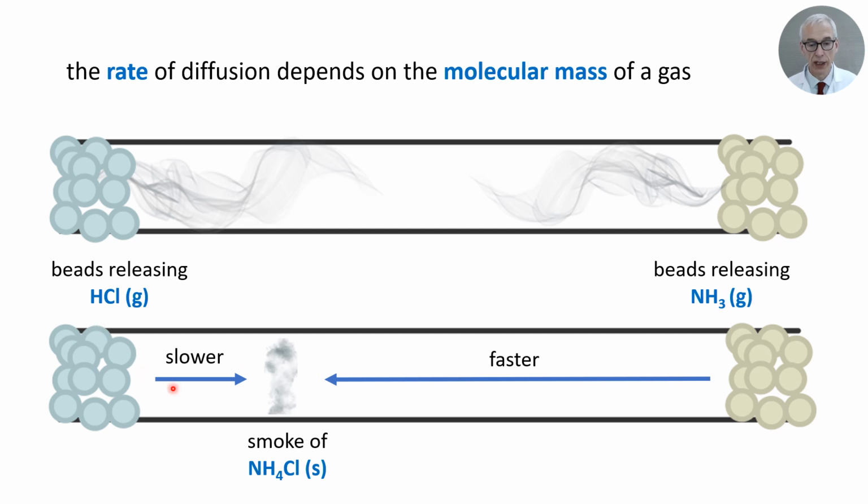Hydrogen chloride with the greater molecular mass will move more slowly, so the reaction between the two occurs. You see a white smoke of ammonium chloride, which is actually a solid held in suspension in air, and that will occur closer to the hydrogen chloride than to the ammonia, because ammonia diffuses more quickly than hydrogen chloride.